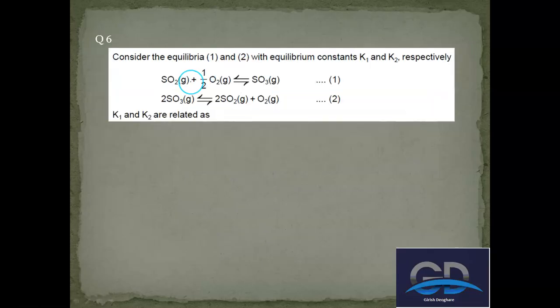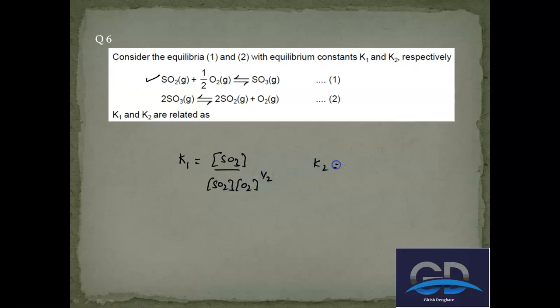Then question number 6. Consider the equilibrium 1 and 2 with the equilibrium constants K1 and K2. Now we know that the equilibrium constant representation would depend upon the stoichiometry of the reaction. So for the first reaction, the equilibrium constant K1 will have an expression of concentration of SO3 divided by concentration of SO2 into concentration of O2 raised to power 1 by 2.